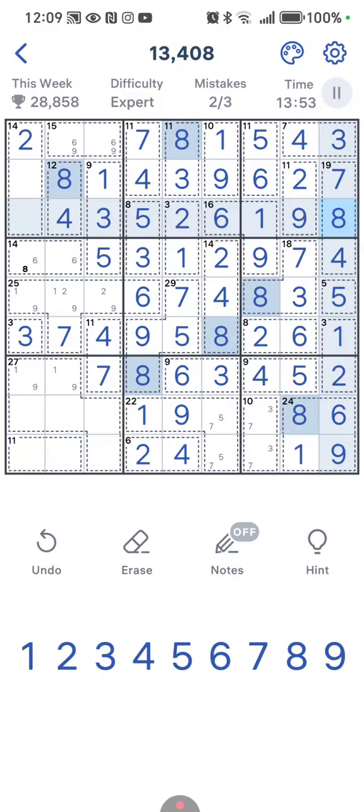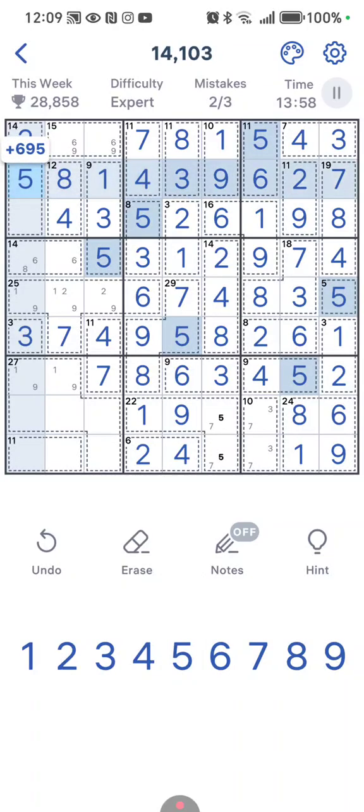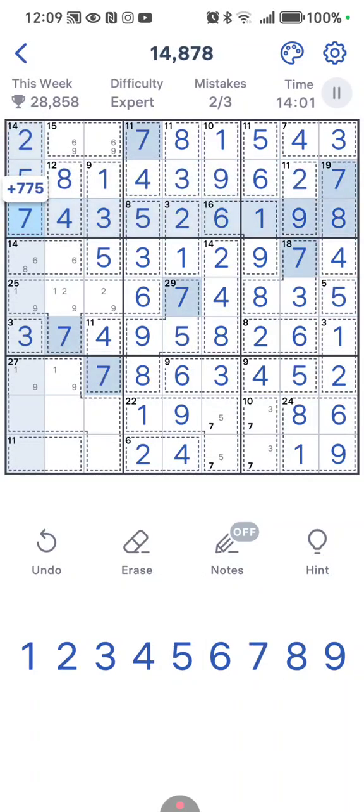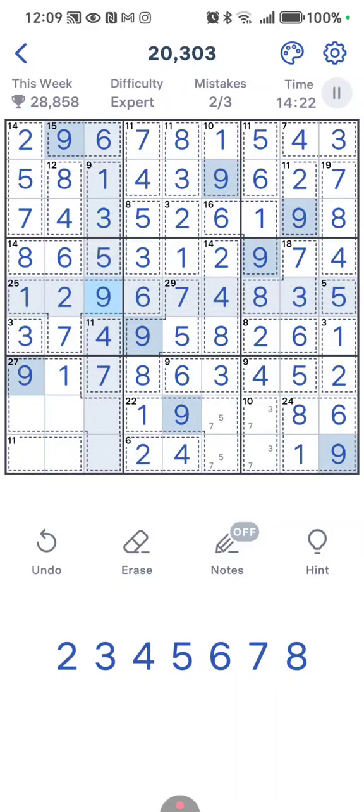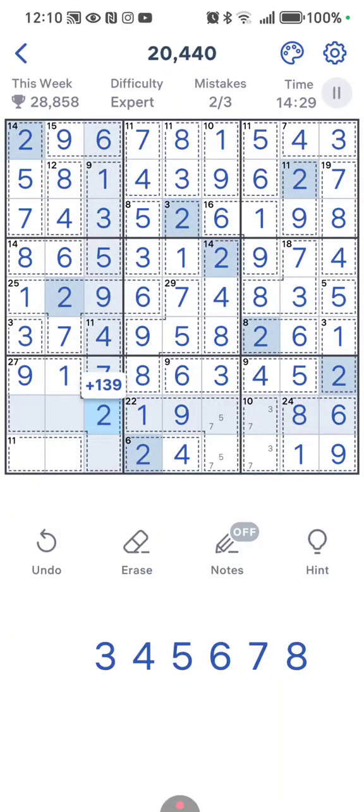1, 2, 3, 4, 5. So what's left is 5 and 7. That has to be 5 and that has to be 7. So let's get 6 and 8 out of the way. That's 9. 6. So that's 1 and 9, which means we've just down to the bottom square where we have actually it's 2.